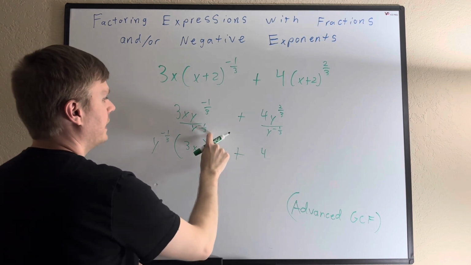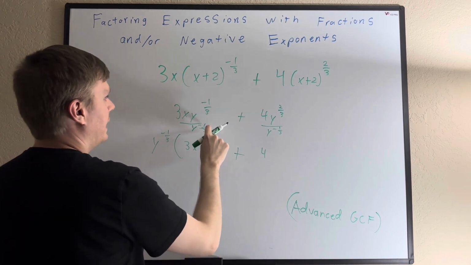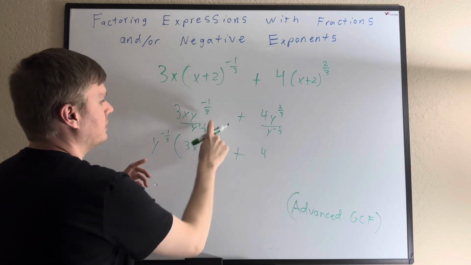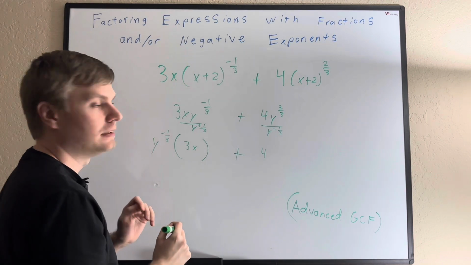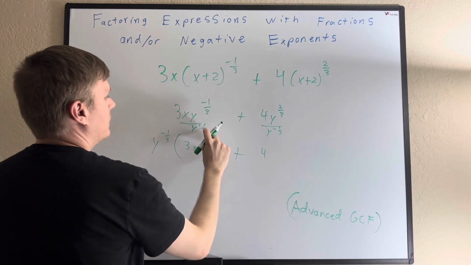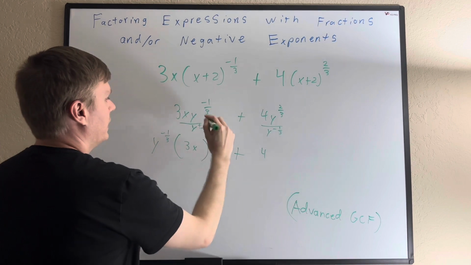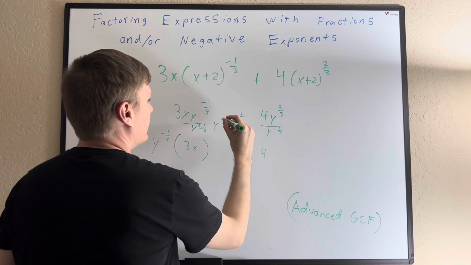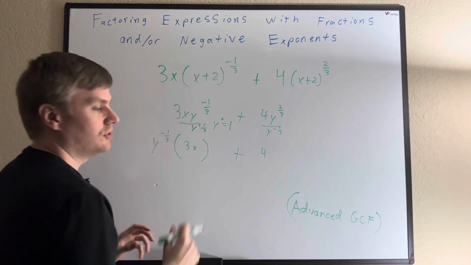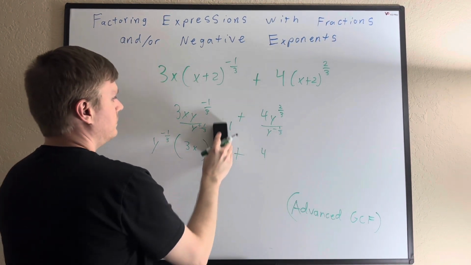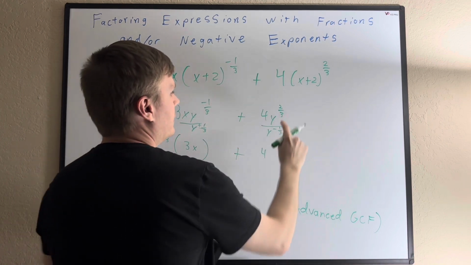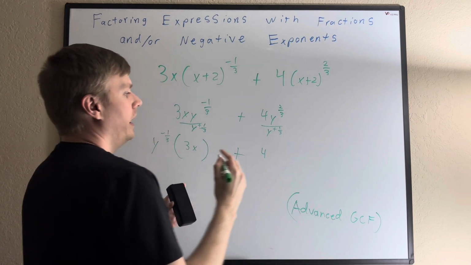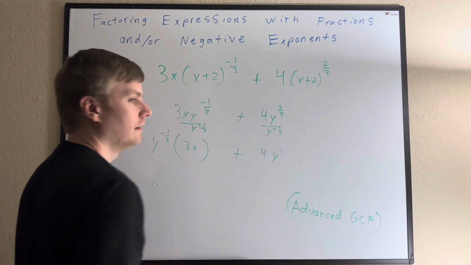When you divide exponents, you subtract them. So negative 1/3 plus 1/3 is y to the 0, and that's why it cancels out, because anything to the power of 0 is just 1. Here we have 2/3 plus 1/3, and we just end up with y to the 1.